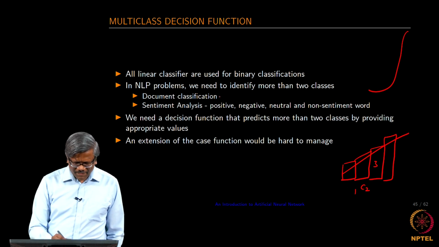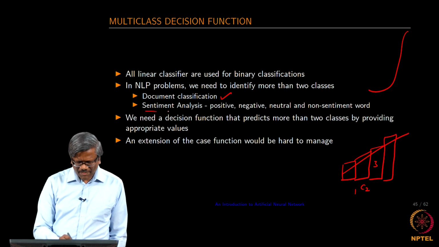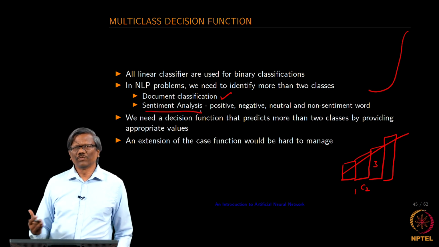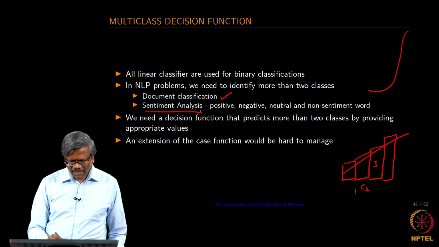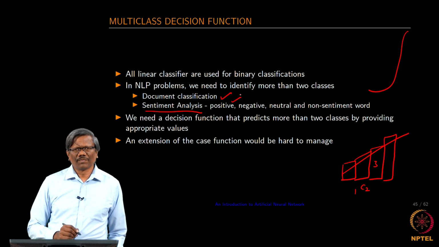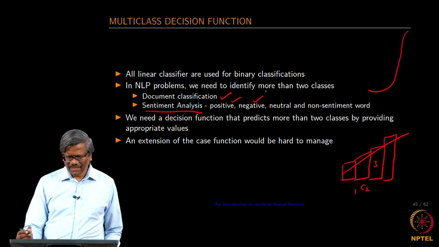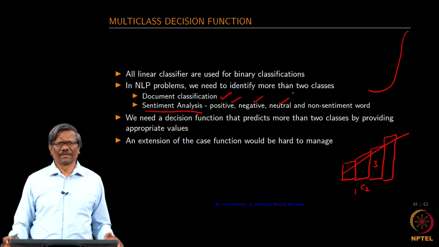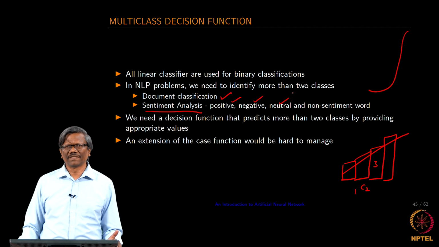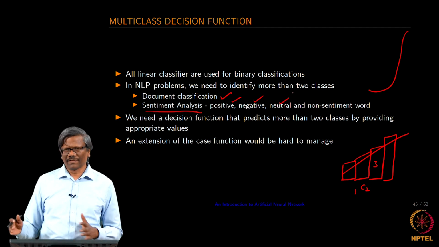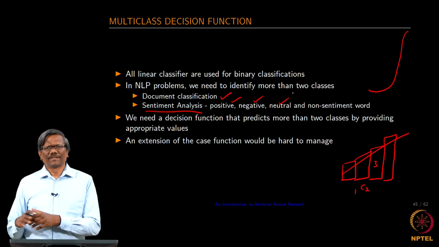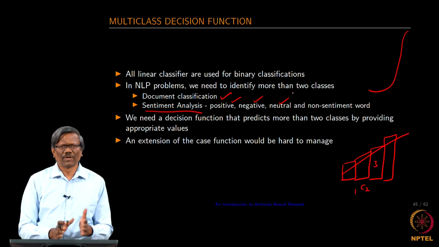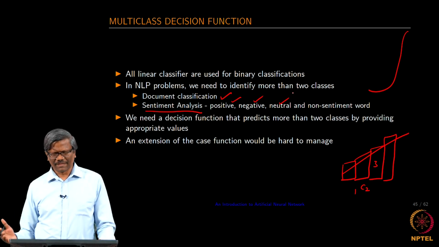We need this for document classification. Even in sentiment analysis, especially in movie reviews, you want to find out whether the sentiments are positive, negative, neutral, or not related to the movie. For example, you have received a lot of documents, out of which one document is an outlier, meaning that the document does not belong to any one of the movie reviews, it is something else.